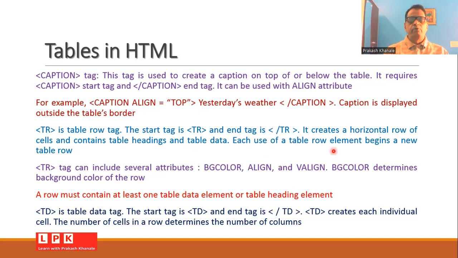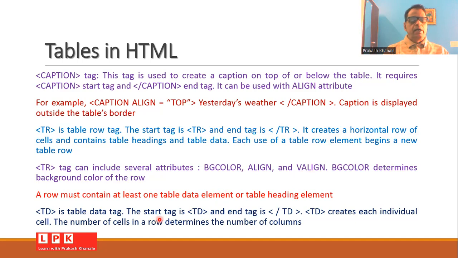Every time you want to create a row, you have to make use of a separate table row tag. The table row tag can also include different attributes such as background color, align, vertical align. Background color, BG color, will determine the background color of the row. A row must contain at least one table data element or table heading element.